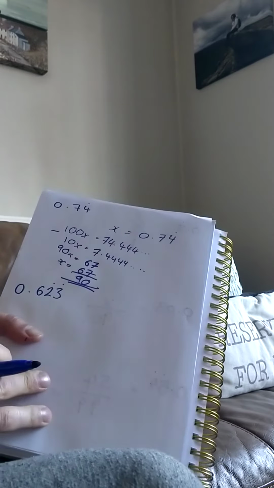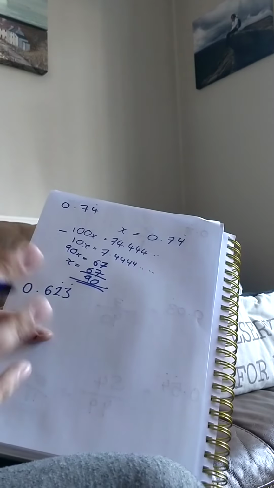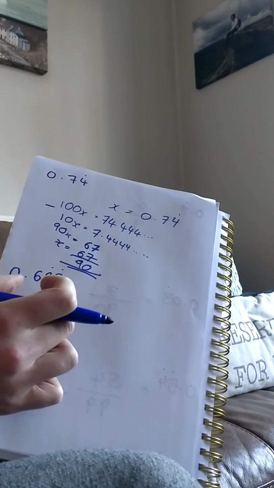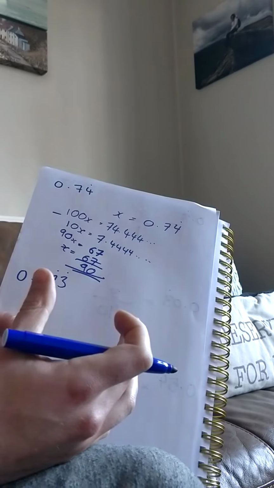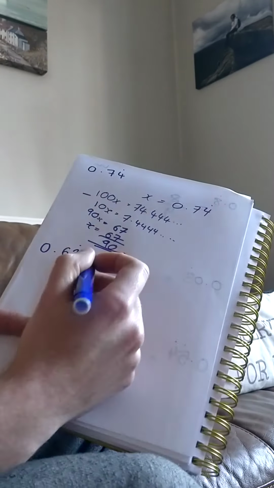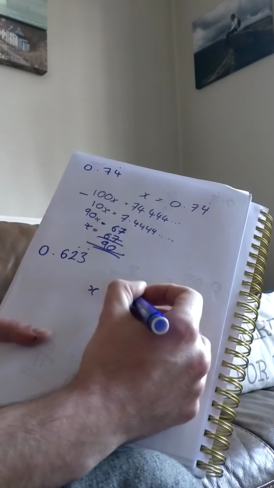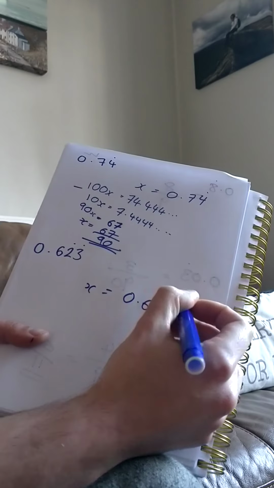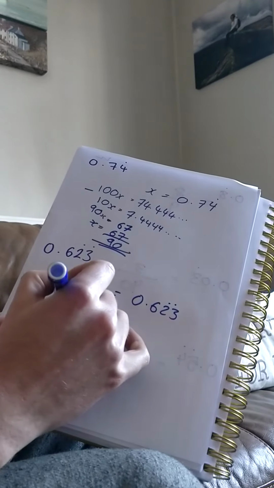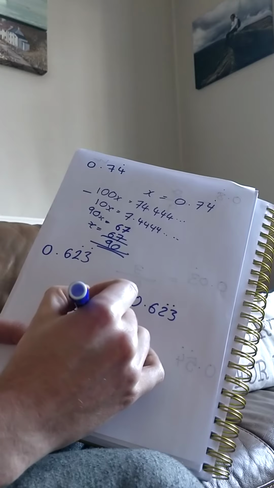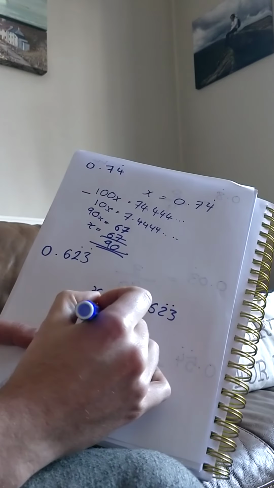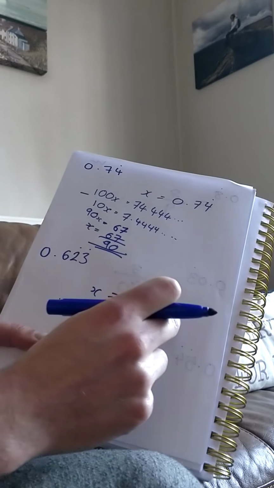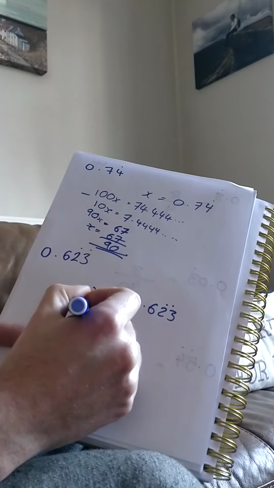That was literally what we did in one of the last lessons before we split up. That one's a little bit trickier, so I'll show you again with another one that looks a little bit like this. You do it in almost the exact same way. So x is equal to 0.623 recurring. You do 100x. Or in this case, because we've got the 2, 3 here, we actually need to do 1000x.